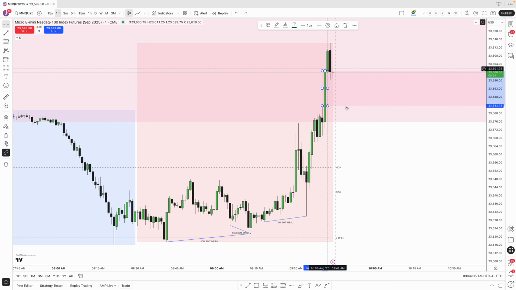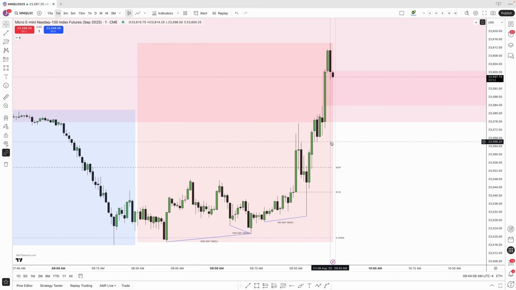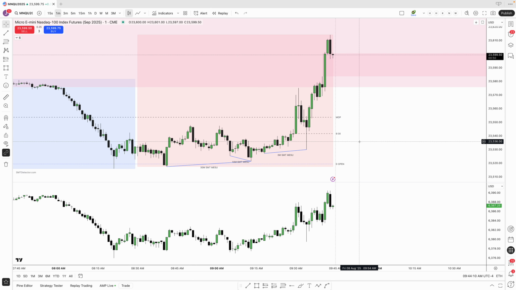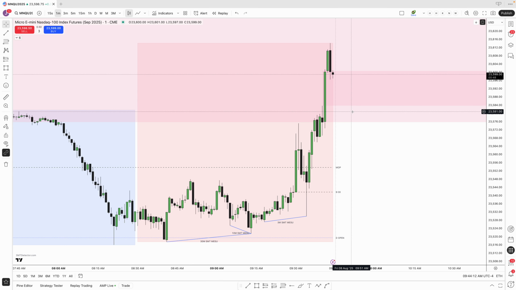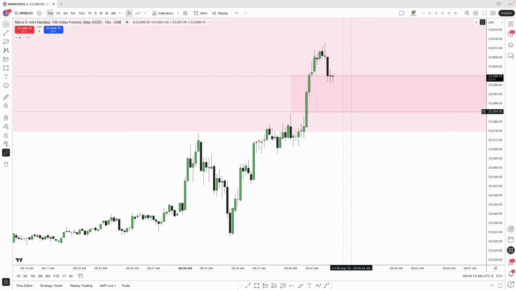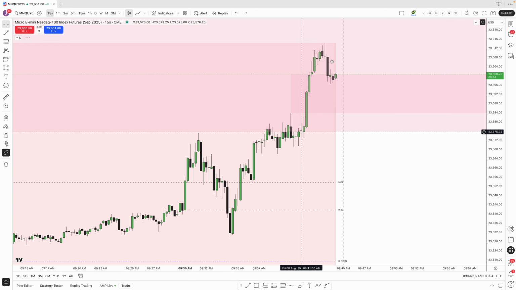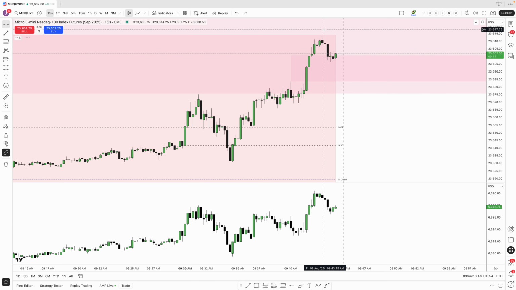Fair value gap. See what the 15-second brings. Not much. Just a large fair value gap. Sub 3 minute SMT at the highs between ES.